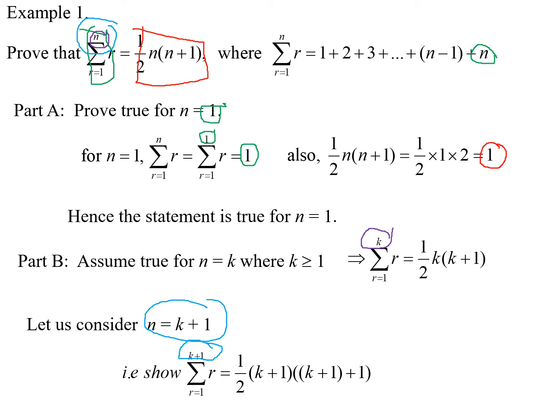Then we substitute n as k plus 1, so half times k plus 1 multiplied by k plus 1 plus 1. This was n, and we have substituted n with k plus 1. So we need to prove this. How are we going to prove that? This is our goal. Just bear in mind, this is our goal.